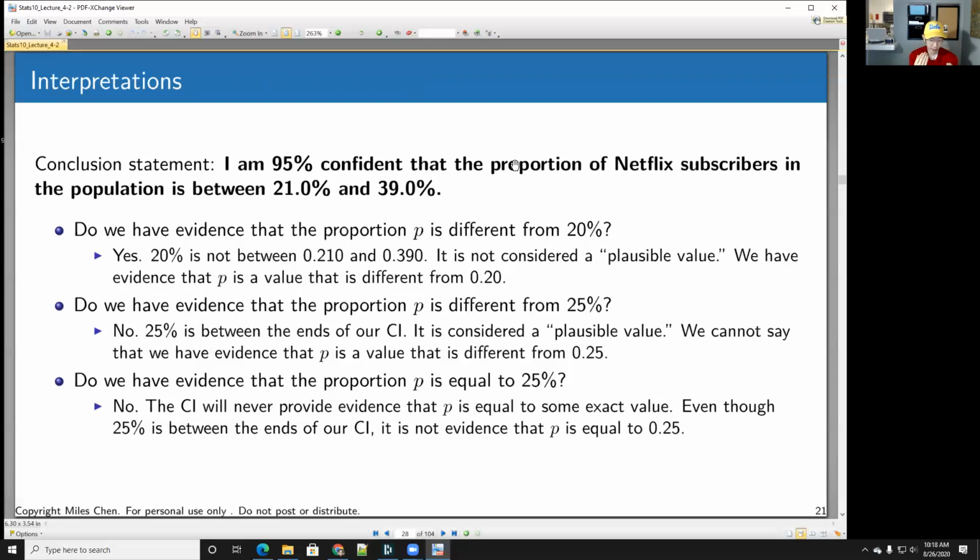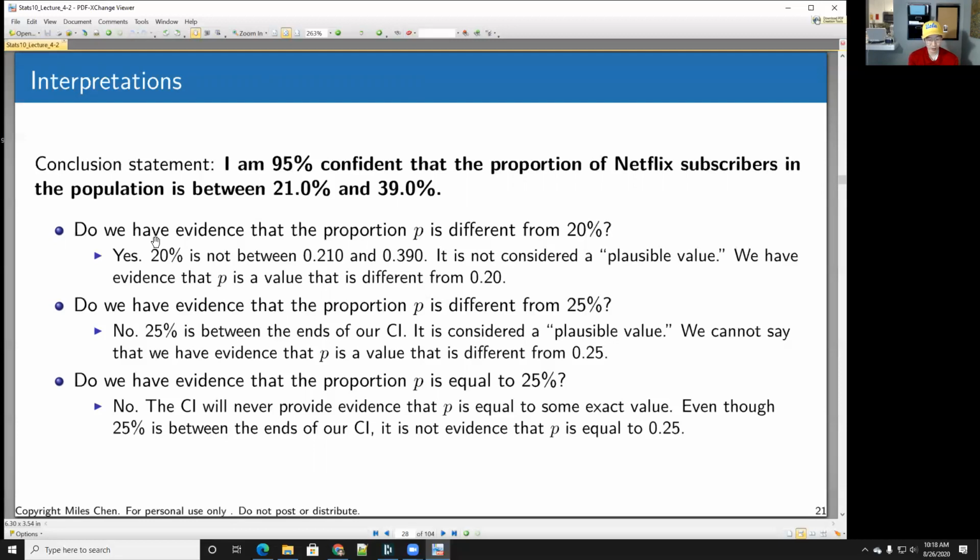So for any value outside of that range, anything lower than 21% or higher than 39%, we can be confident that the proportion is not that. So do we have evidence that it's not 20%? Yeah, we can say it's not 20%. Meanwhile, anything within that range, between 21 and 39%, we can't refute.